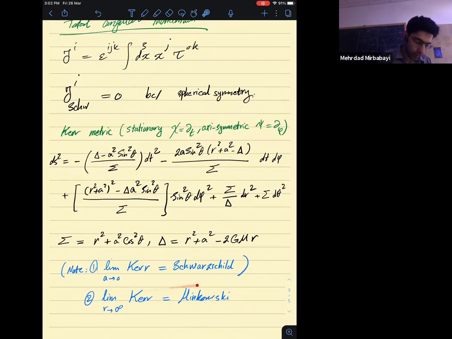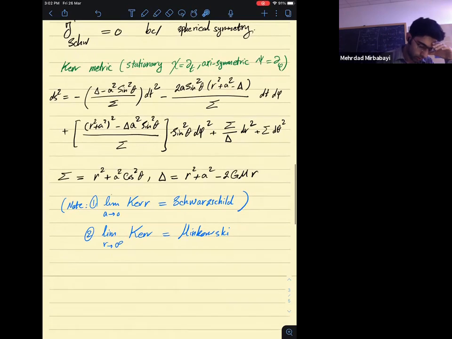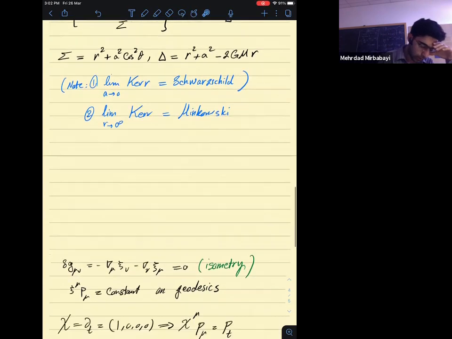Maybe one indication is that if I send A to 0, it becomes Schwarzschild. But still, I haven't really said why I call it a black hole. Also, I'm not going to derive it. It's much more complicated to derive this metric compared to Schwarzschild, and it took much longer to find this solution. So let's understand why we call it a black hole.